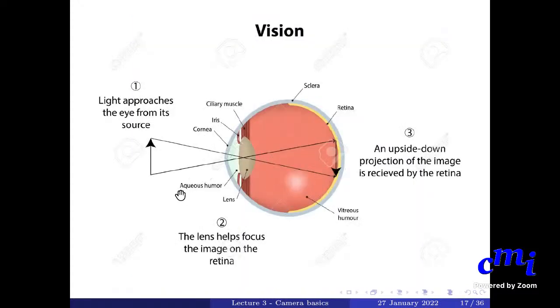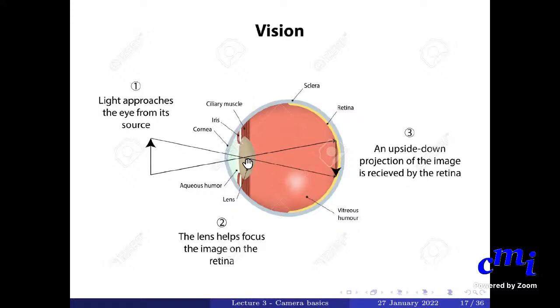So this picture is just explaining how the eye works, or the image formation, which is exactly like that of a pinhole camera. The light is entering through the pupil and falling onto the lens.